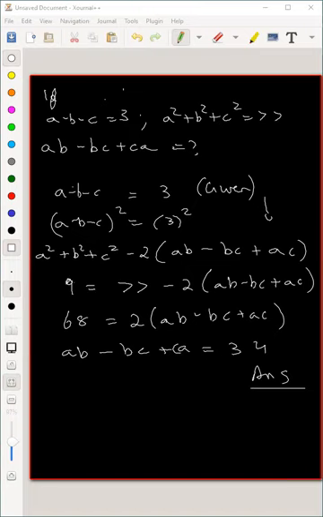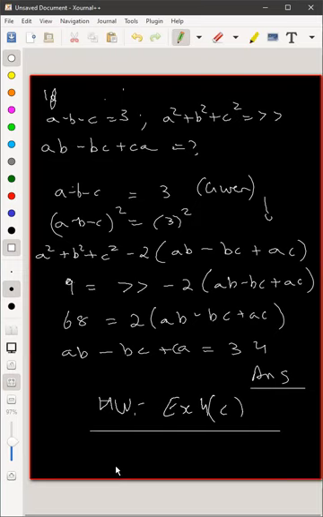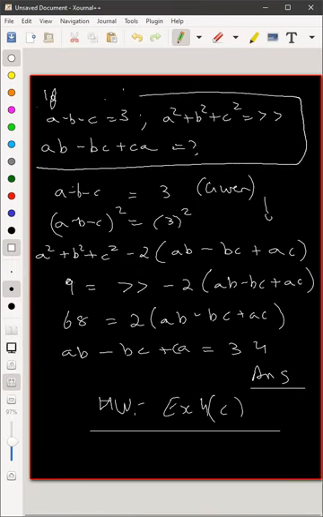For homework, very few sums. Exercise 4C. Yes, Ishan? Sir, I got disconnected for a while. Yeah, that's the only question we've done now.